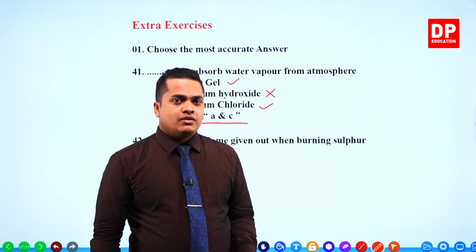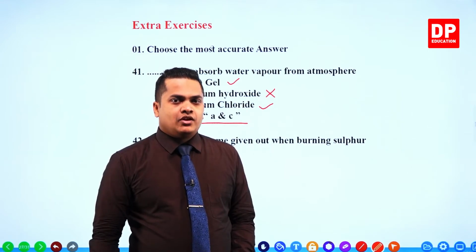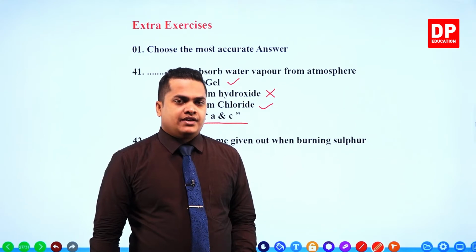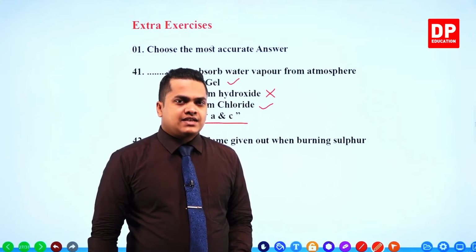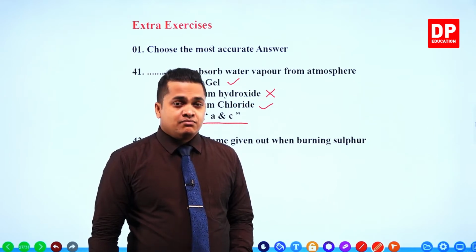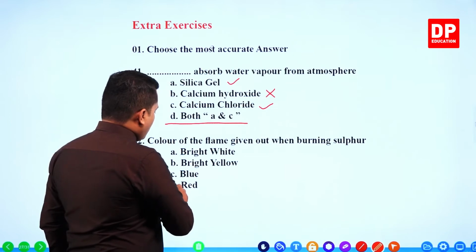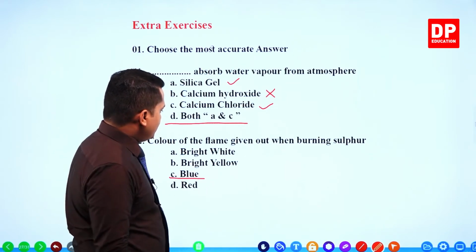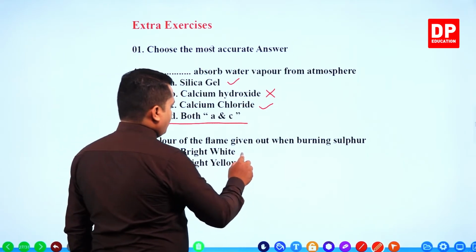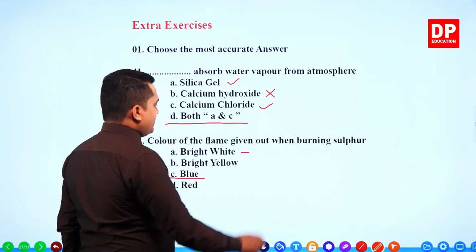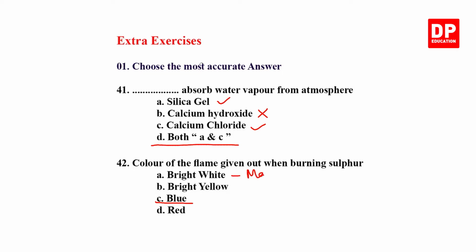Sulfur gives out a blue color flame when it burns in air. Yellow color sulfur is going to produce a blue color flame, my dear children. So the flame given out by burning sulfur in air is blue in color. So our correct answer would be blue color. So bright white color is given by magnesium.